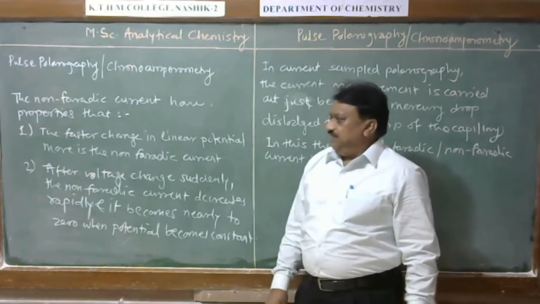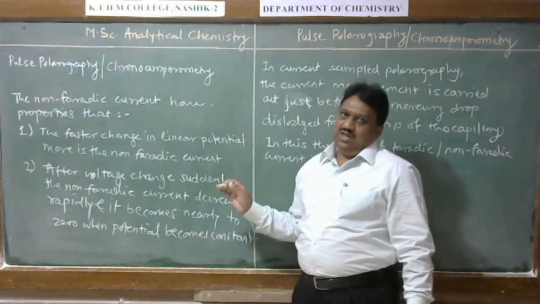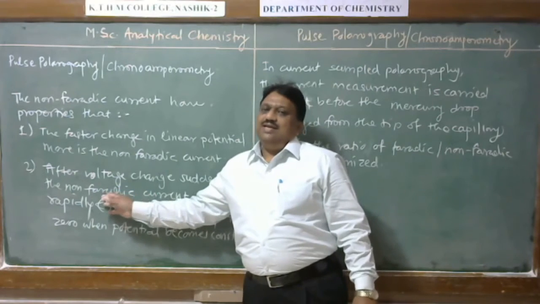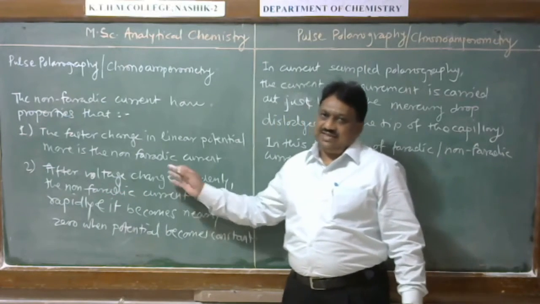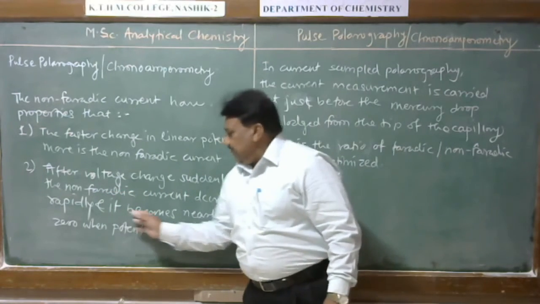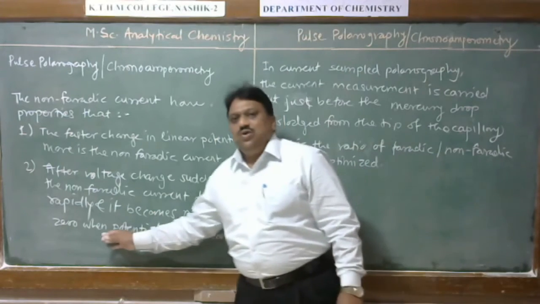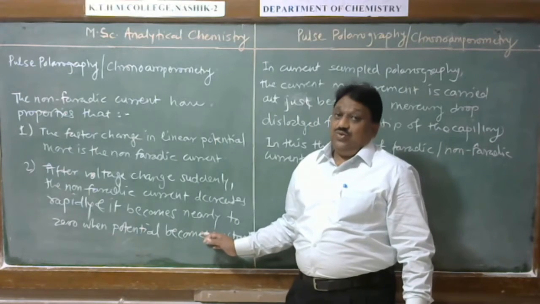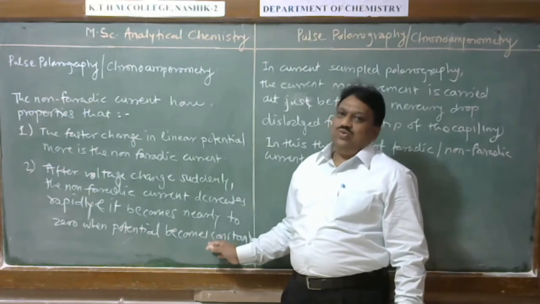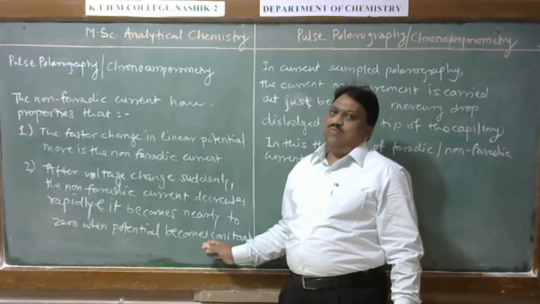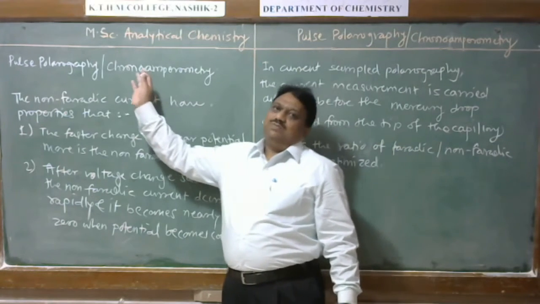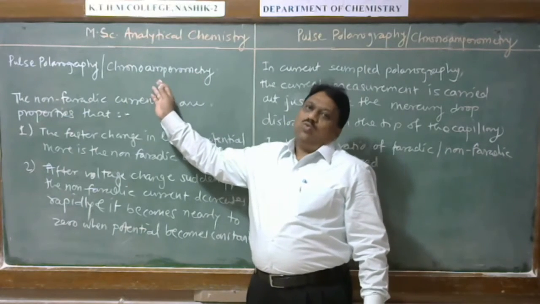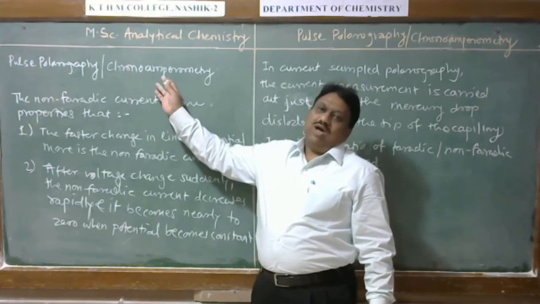Second, if we suddenly change the voltage of the working electrode, then the non-faradic current decreases rapidly and becomes nearly equal to zero when the applied potential is constant. Using this principle, we can use another technique of polarography, called pulse polarography, also called chrono-amperometry.